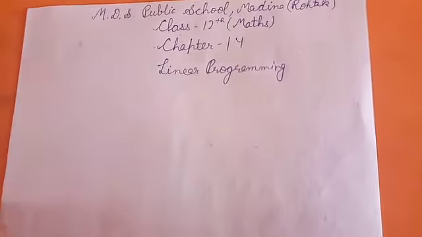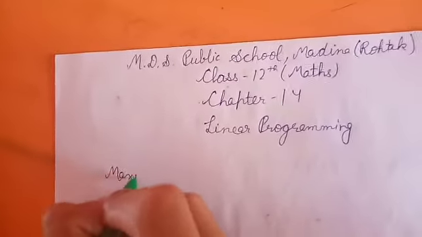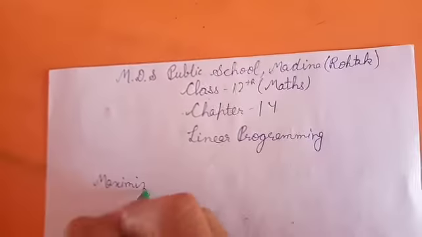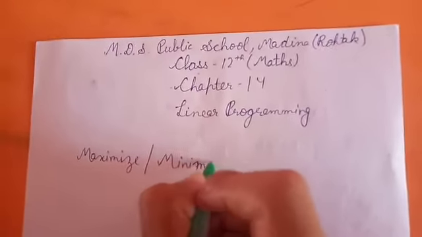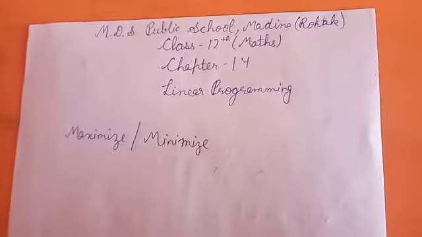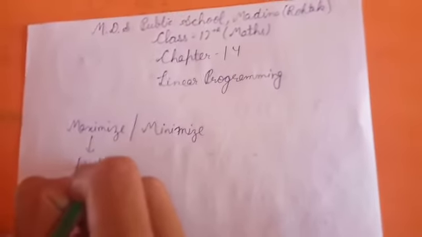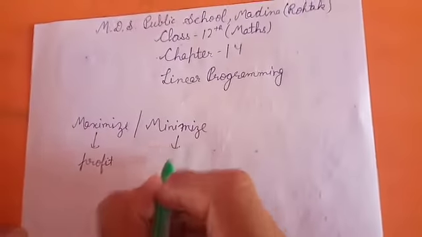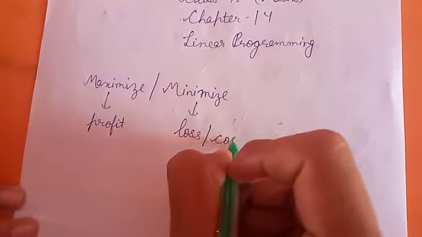Means what you have to maximize or minimize. Okay, in this we will always talk about the positive aspect, that we have to maximize profit. Okay, minimize either loss or cost.